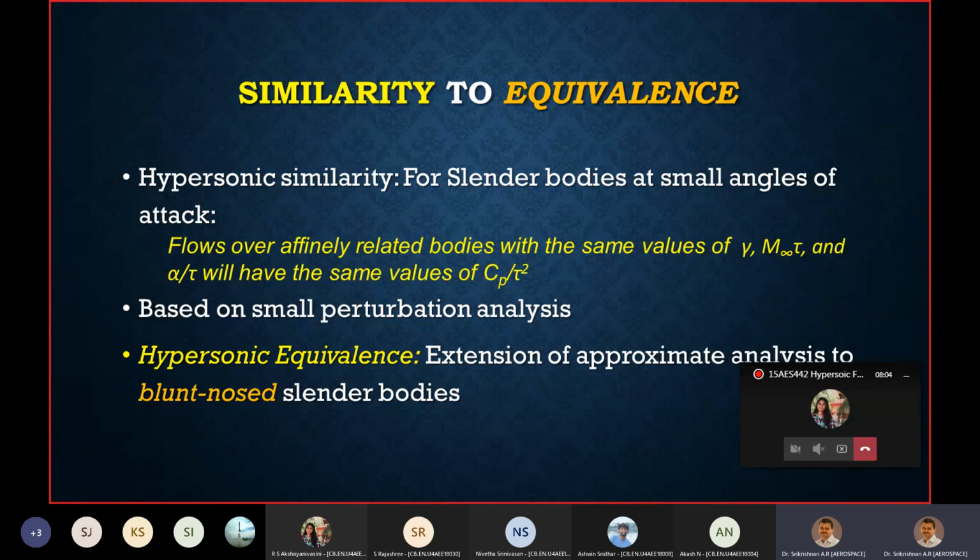This also has several applications in real hypersonic systems for reasons that we will see later. That is why blunt-nosed bodies are preferred in some cases. We'll be discussing that when we talk about heat transfer. From here, we will be looking at what is meant by hypersonic equivalence and the approach based on that concept, which will require a little bit of extension of a 2D steady flow to a 1D unsteady flow.